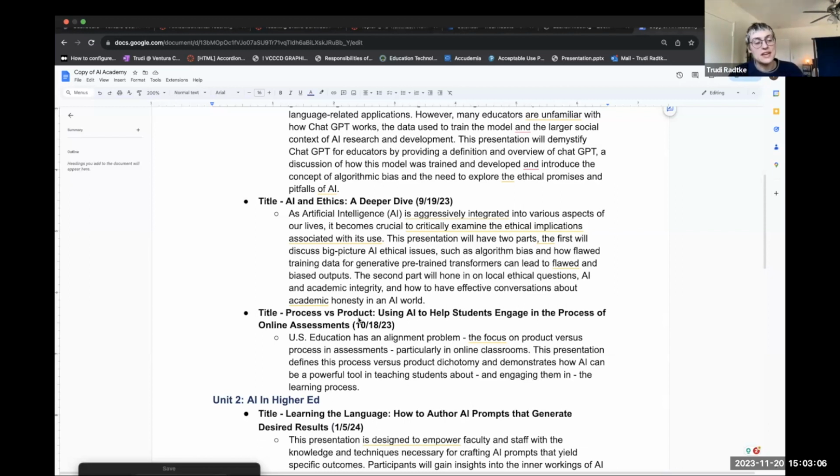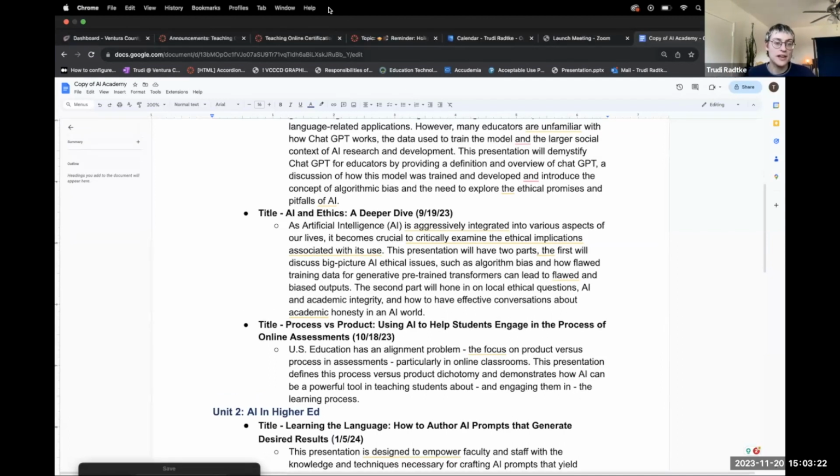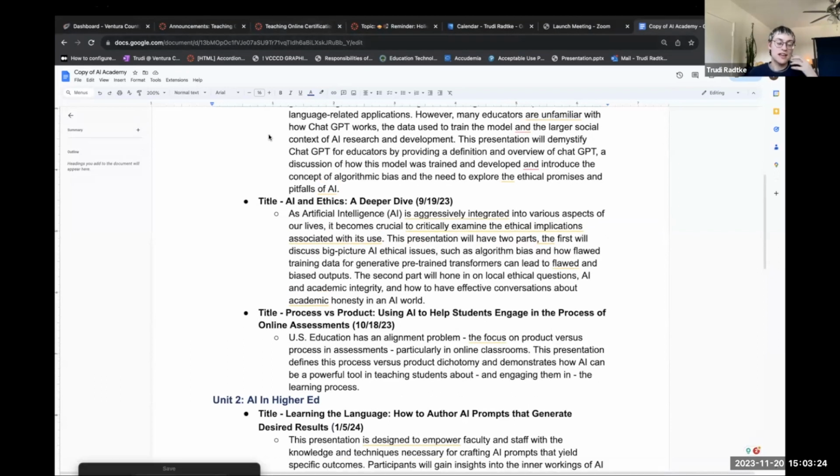And we feel that in higher education in the US, we also, ironically, have an alignment problem, because our students live in this product-focused world, but we as educators are one of the only spaces saying, no, it's actually about the process of learning. To your point, Christina, we don't want to become prompt generator professors, right?